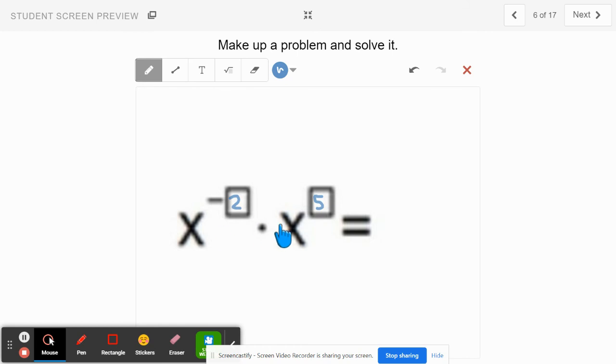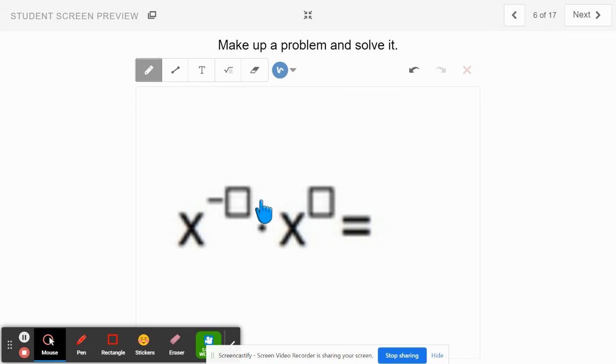Negative 2, plus 5. Ooh, this is a good one. I just made up my own. You do your own as well. Now, we just did a note on negative exponents too, so it is kind of tricky to see if you can handle this. This one would be 3. Okay, negative 2 plus 5 is 3.